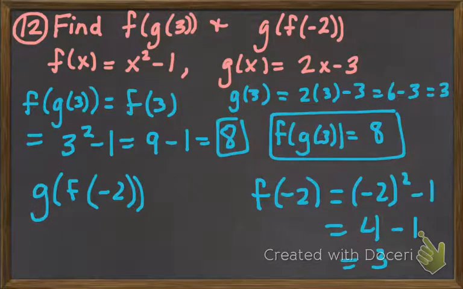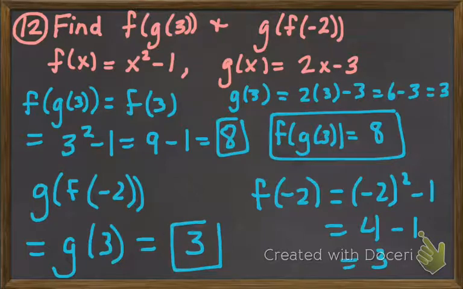So this is actually g of 3, which we just found at the beginning of the problem, and g of 3 was also 3. So that's our answer, and we're done with number 12.